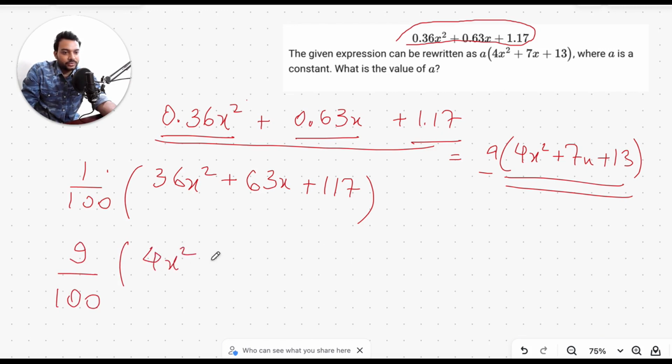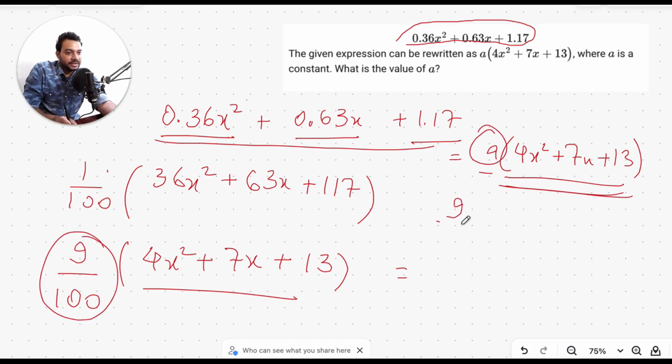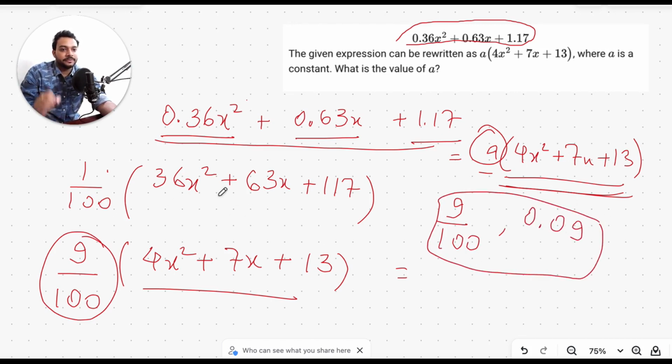We have 4x squared plus 7x plus 13, since 9 times 7 is 63 and 9 times 13 is 117. So this whole expression has been obtained. So a has got to be 9 over 100. It can be 9 over 100 or 0.09, whichever way you want to answer in the paper. Okay, this is a grading question. Cool, let's look at the next question.